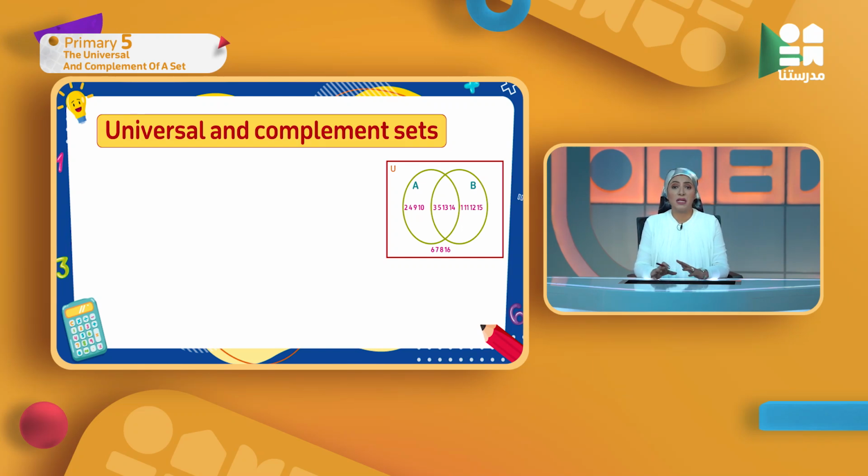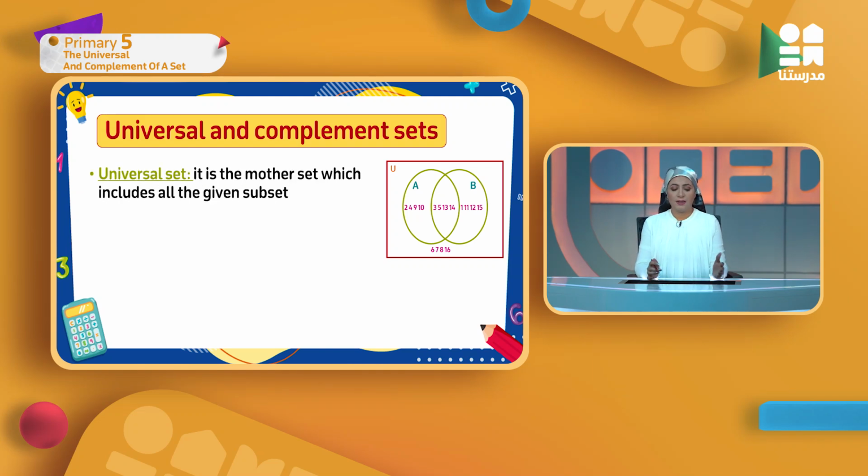It is the biggest set of all. The definition, as we see: the universal set is the mother set which includes all the given subsets. It means that all the sets that we have here belong to or are found in the universal set.